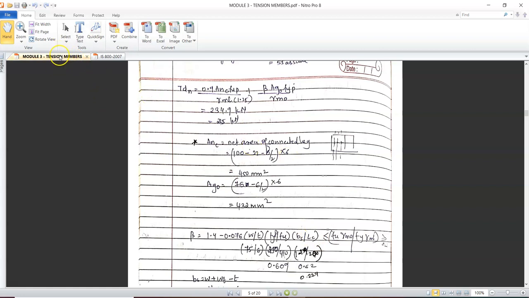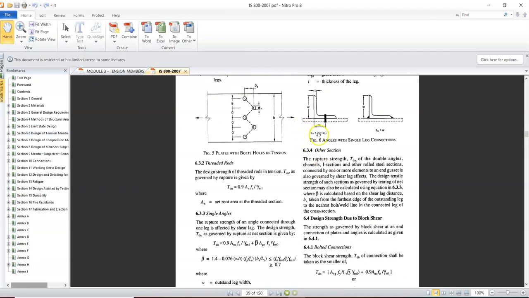Now Bs, coming back to IS 800, here they have given the formula. Bs is equal to W plus Wt minus T. Now coming back to this formula, Bs by LC. Bs refers to W plus Wt minus T. Now W is here as per the figure, the length of the outstanding leg, which is 75 in our case.